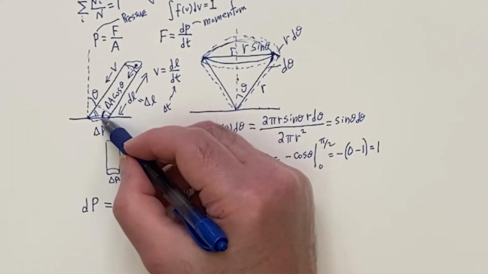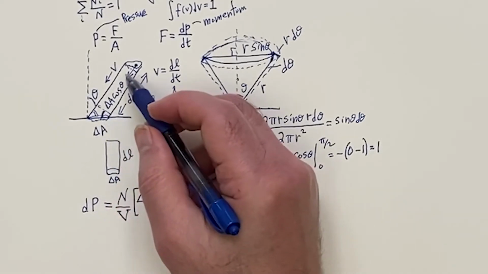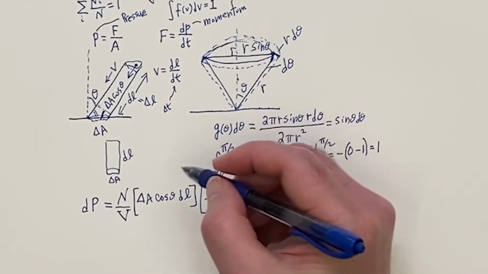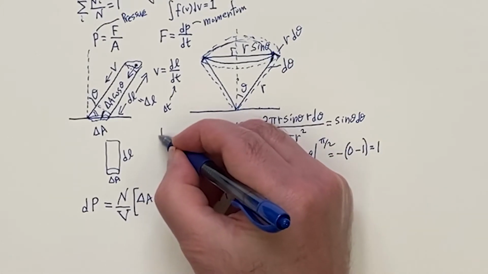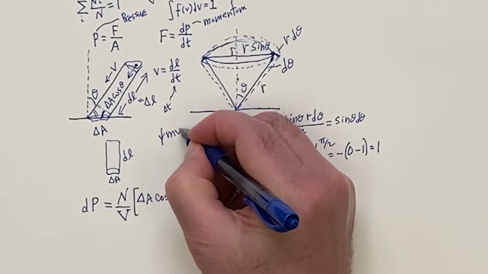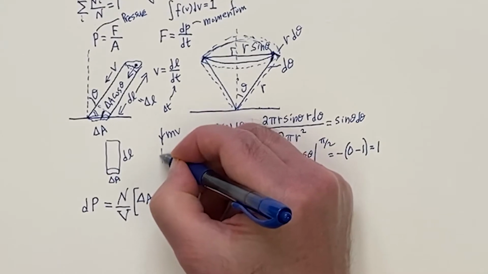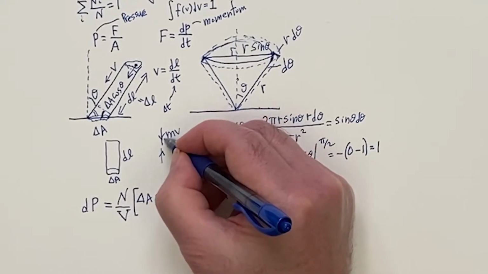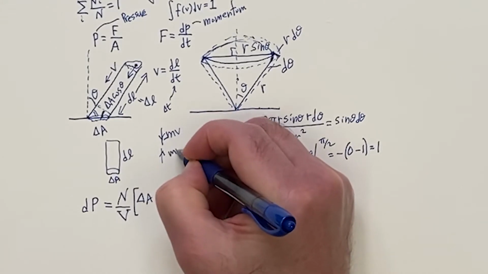When a particle hits here and bounces back, what's the change in the momentum? Well, if you came straight down with mv, and then you bounced back up, think of this as a minus mv coming down and a plus mv going up.